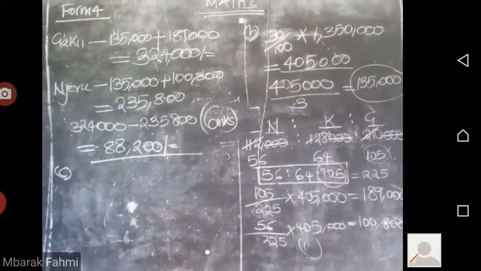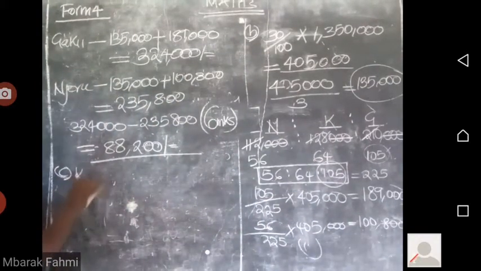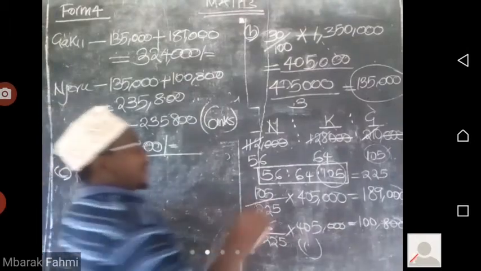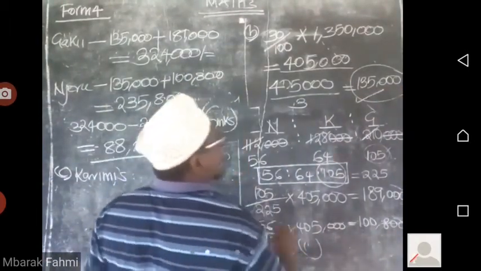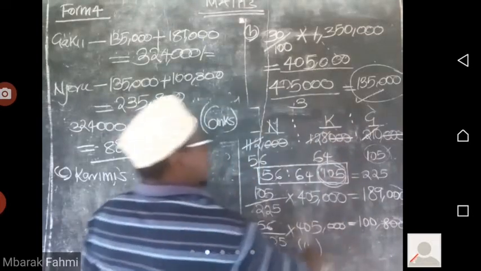Okay? So first of all, we need to calculate Karim's share. We know they shared equally, and then we need to calculate in terms of ratio.